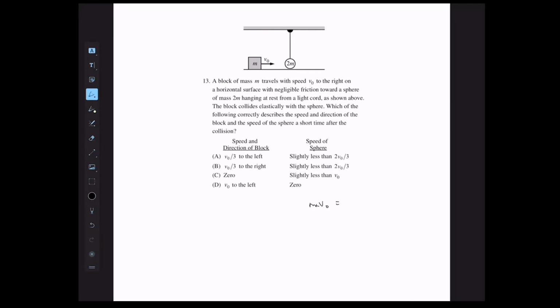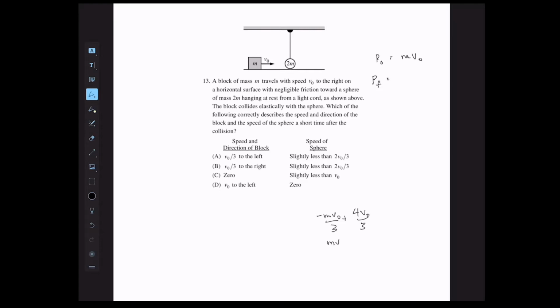Since it's an elastic collision, momentum and kinetic energy must be conserved. So let's just test that. Initial momentum is mv0, so final momentum should be just that. If it's negative mv0 over 3 plus 4v0 over 3, that's true.